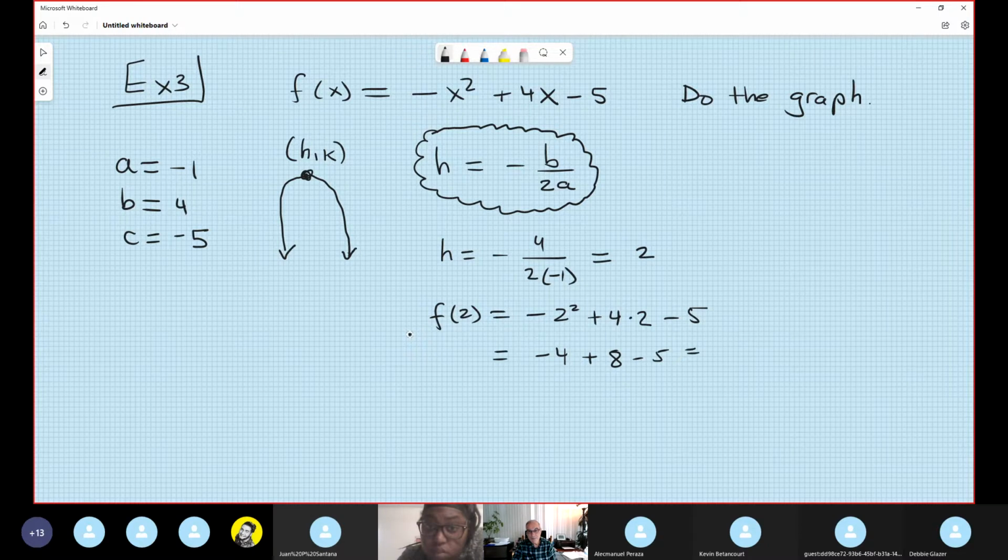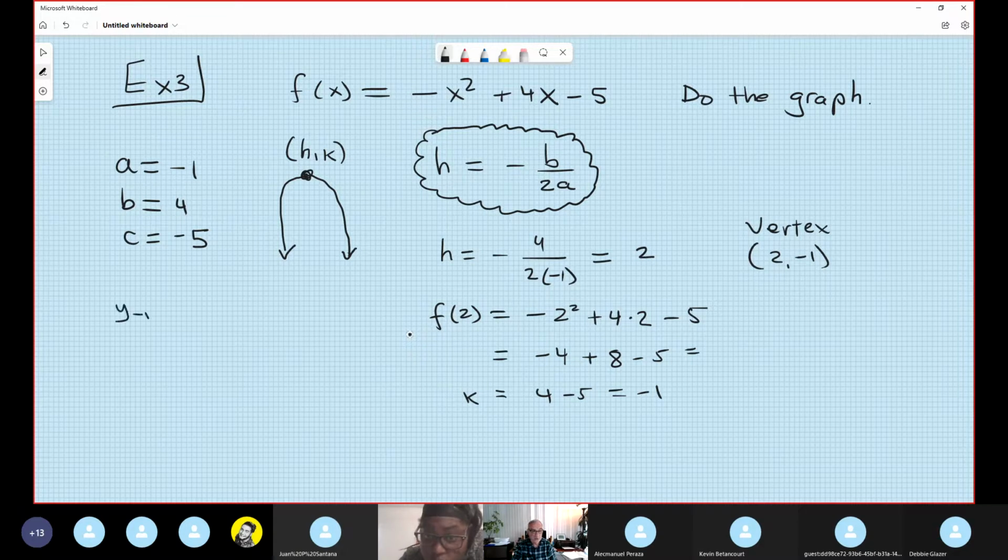This is positive 4, minus 5, and negative 1. Okay, k is negative 1. Therefore, the vertex is located at the point (2, -1). This is our famous vertex. Super good.